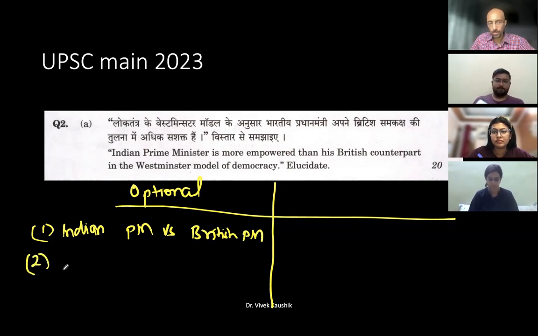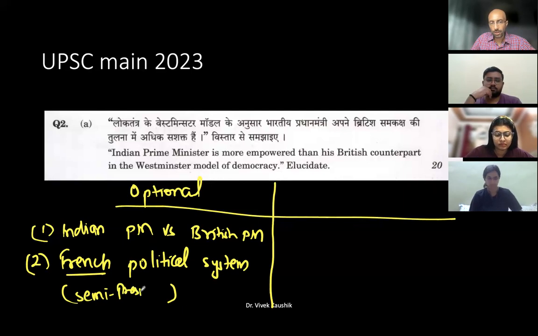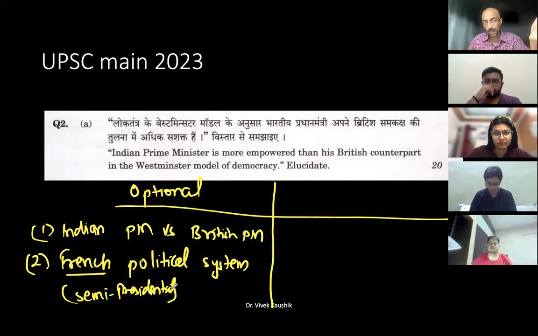And second, UPSC has asked about the French political system. So you all know France has a semi-presidential political system. In this system, the president is directly elected and then he appoints the prime minister.